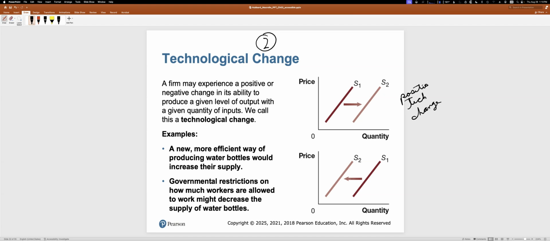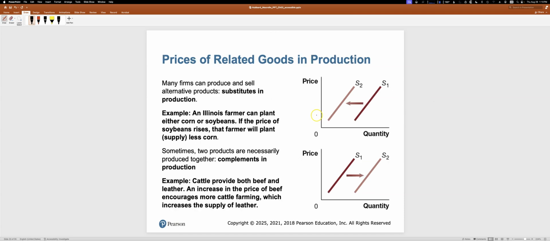We need to stop companies from doing this. So this would be negative technological change, but most of the time what we're talking about here is restrictions on using a new technology, which does cause an increase in the price because you're decreasing the supply curve. So this is variable 2.